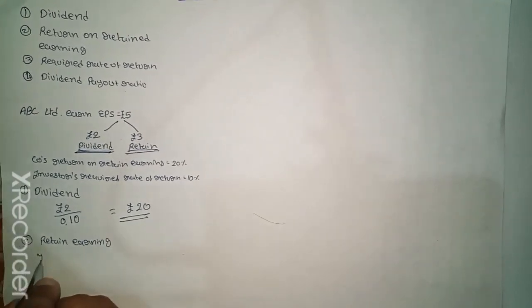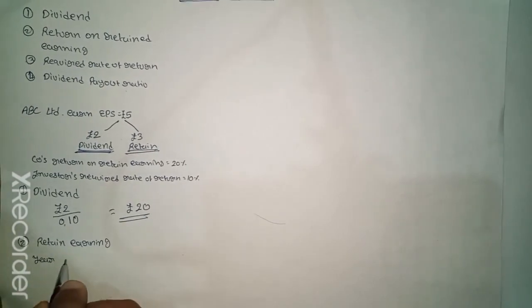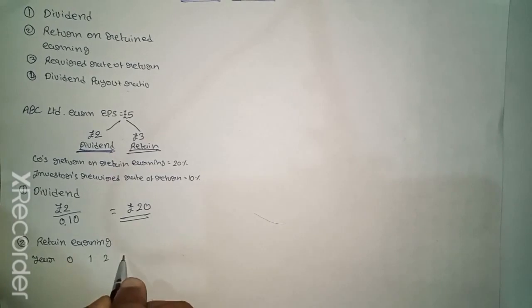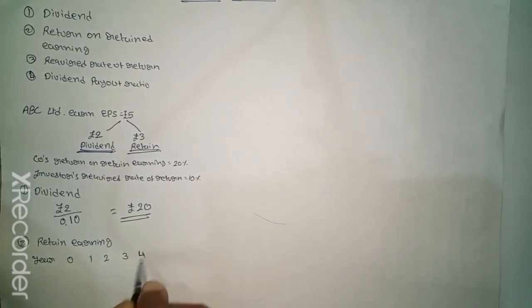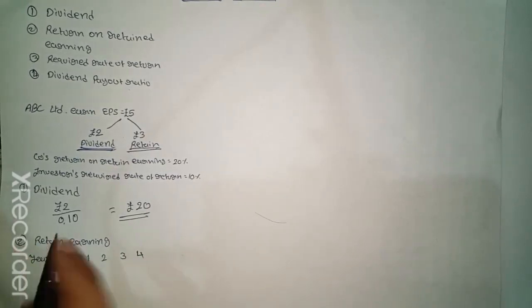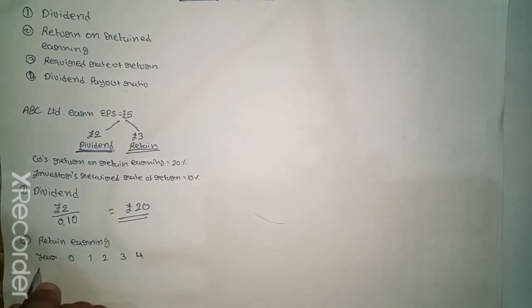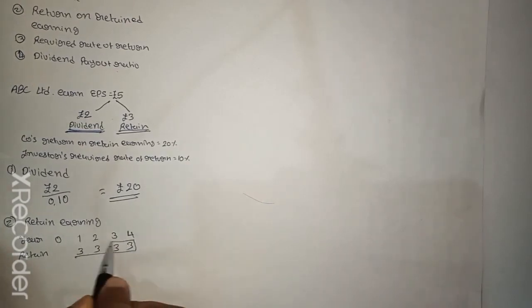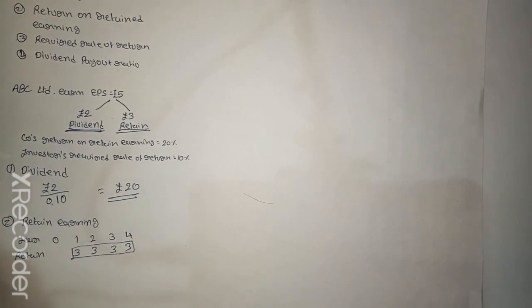For example, here we invest in year 1, 2, 3, 4. Walter's model does not consider the retained earning of rupees 3 itself for deriving the value of shares. Walter's model only considers the profits.